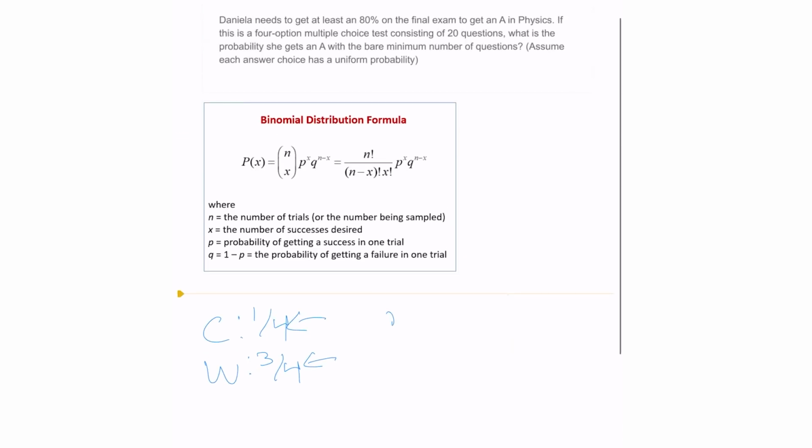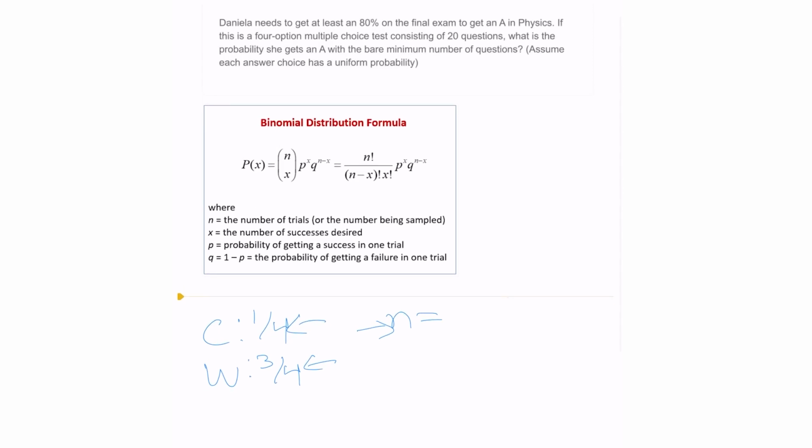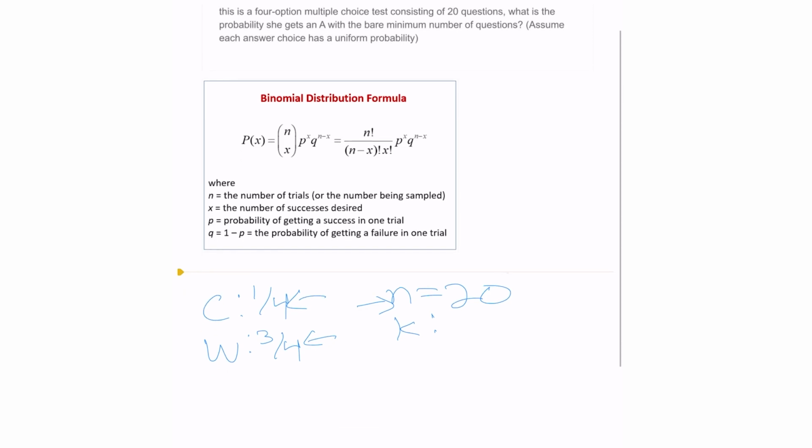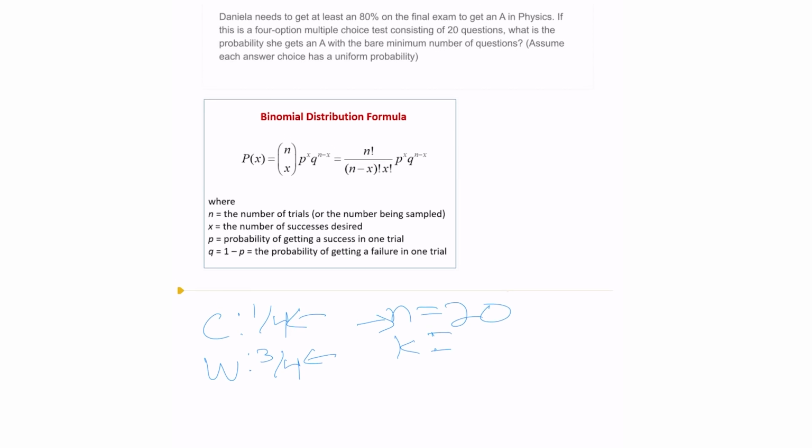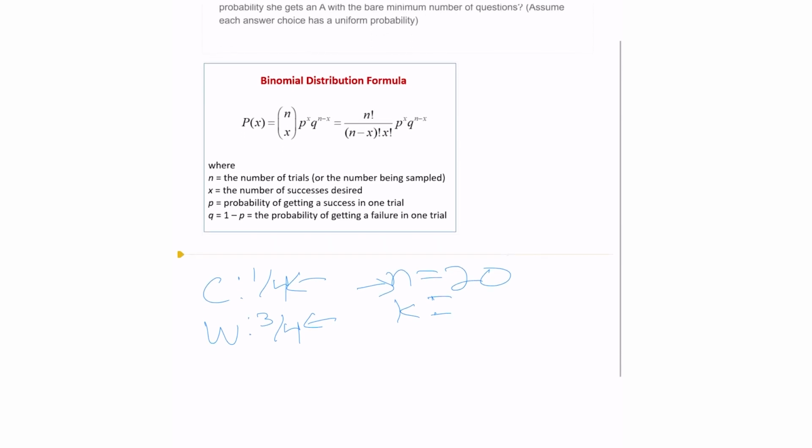And so to get the final answer, what we first do is ask, what is n? n is going to be the number of steps to solve this. So we need to do exactly 20 steps. So 20. k is going to be how many steps we need for the special case. So in this situation, how many questions do we need to get right to get an 80%?